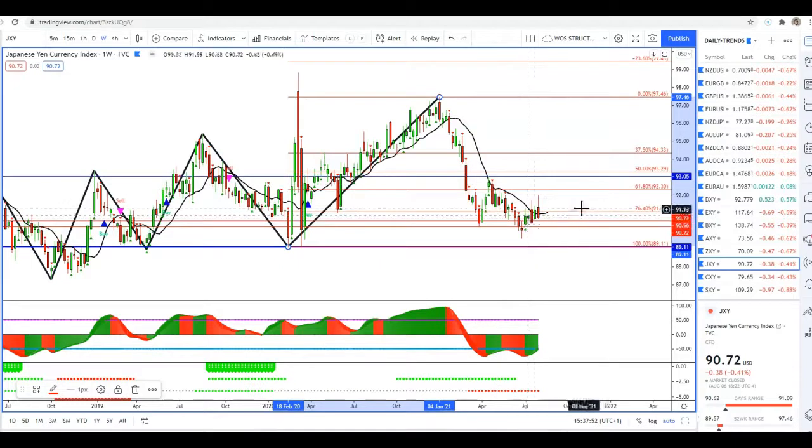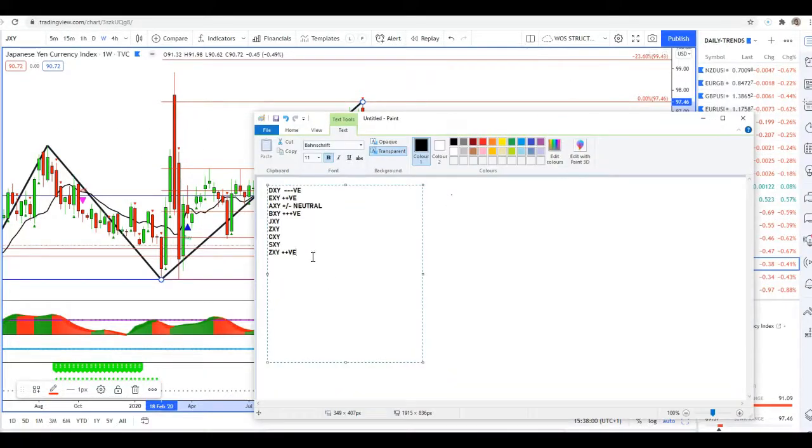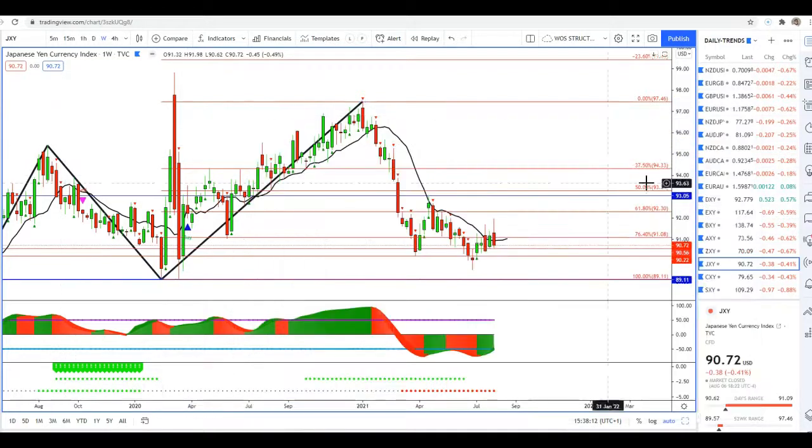So we are trading at 76.4. I'll rank this as neutral. We just have to be cautious with the JXY as well. It's not very clear, and if you don't have clarity, you might as well stay aside until you have a better understanding.